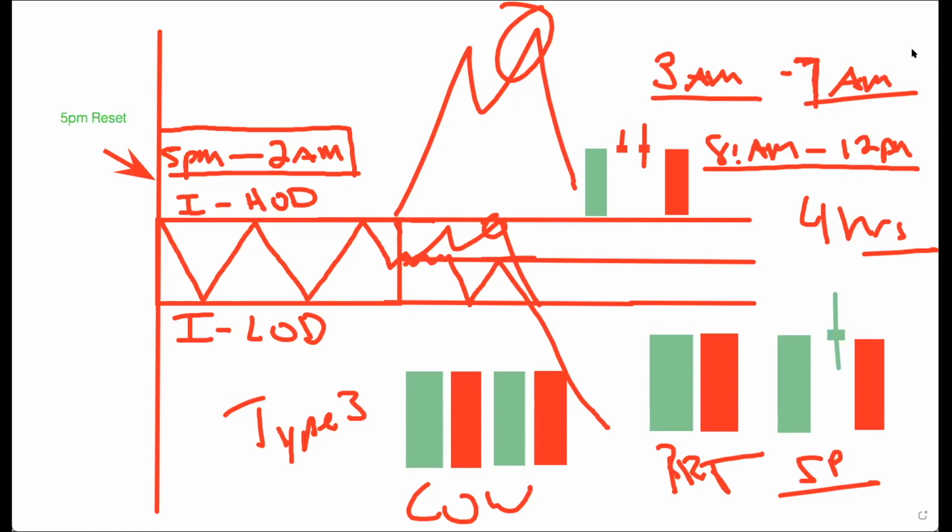And if the market maker's goal for that day is to create this type 1 setup like this, and all they're doing is getting people to buy, they're selling the opposite side of that. Do you understand?